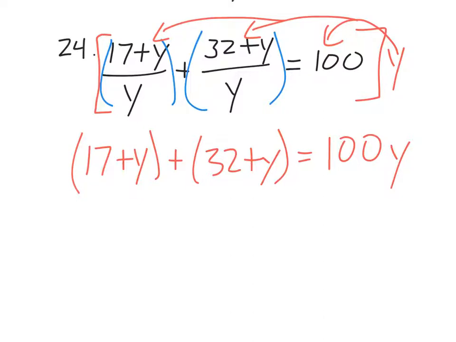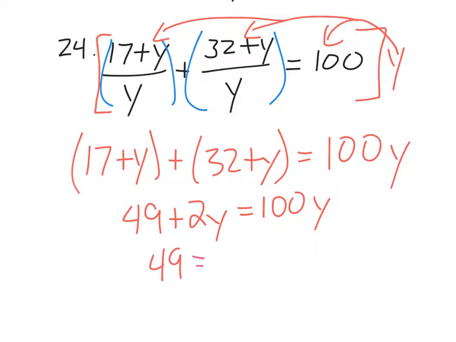So 17 and 32 is 49, I believe. Y and y is 2y. So 49 equals 98y. And so then y equals 49 over 98. I don't know, that might reduce. 7 goes into 98? I think it does.